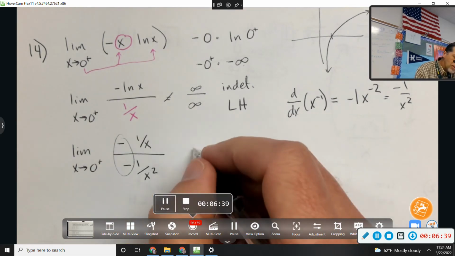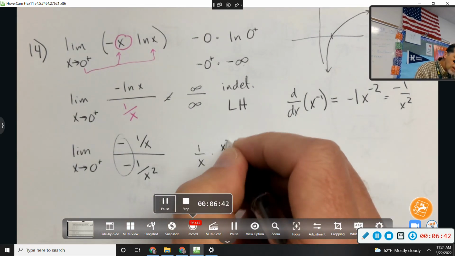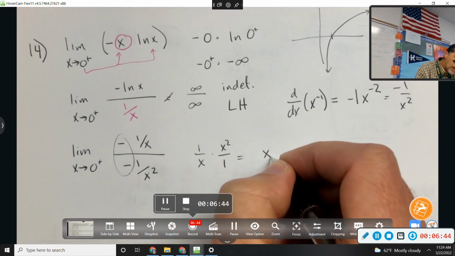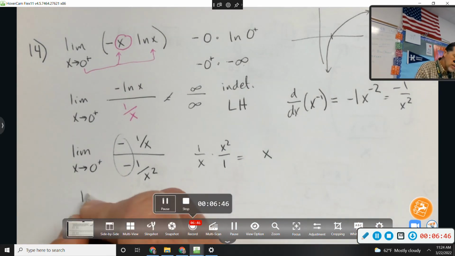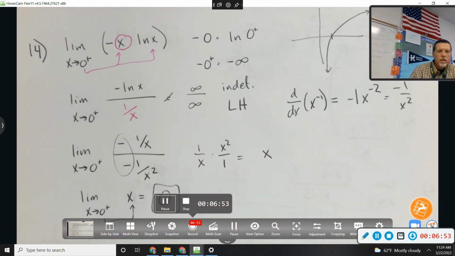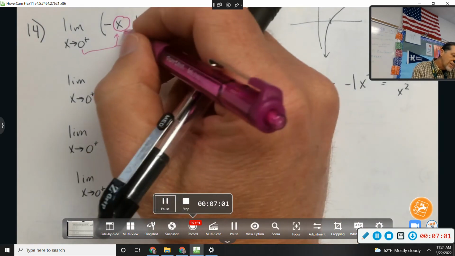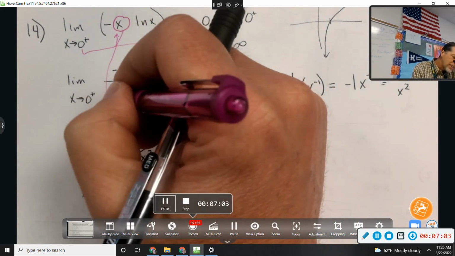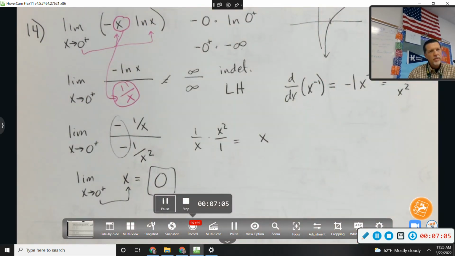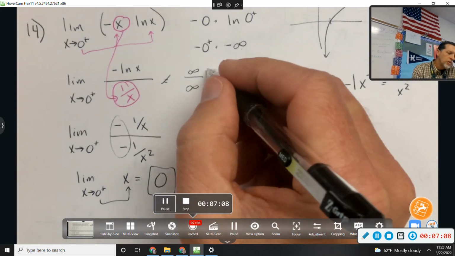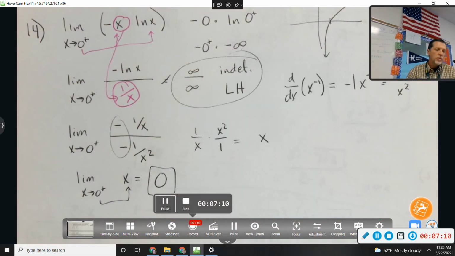Negatives will cancel. So the limit as x approaches 0 of x, that would be 0. But the trick on 14 and 15 is to rewrite x as 1 over x in the bottom, because that forces you into one of the indeterminate forms, which then allows you to use L'Hopital's.